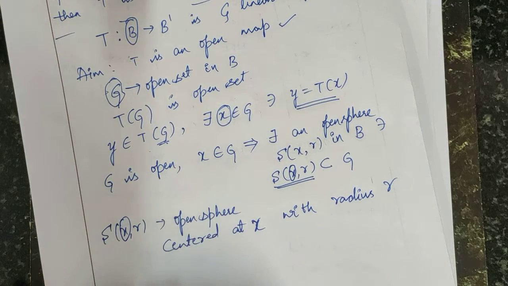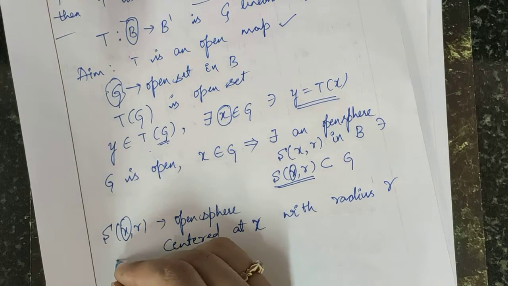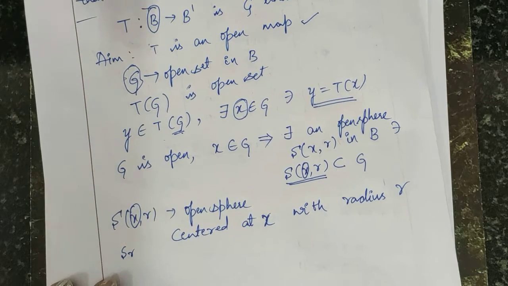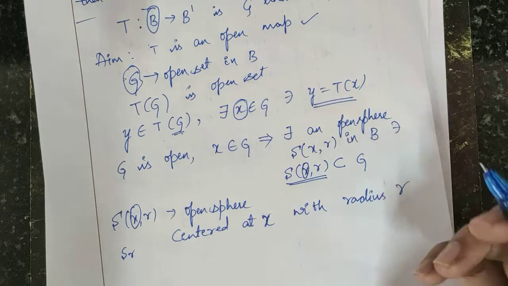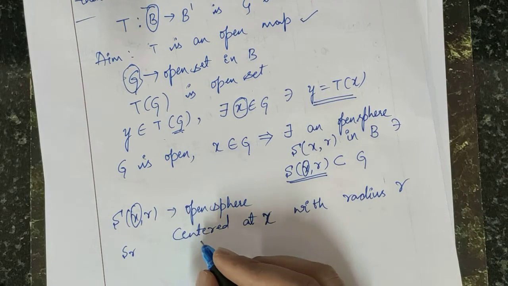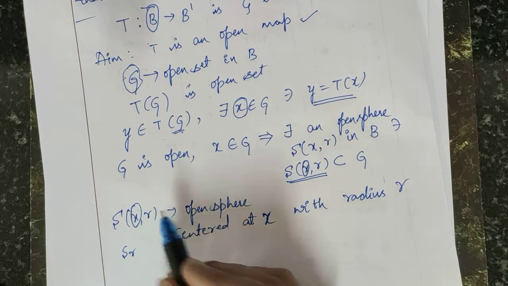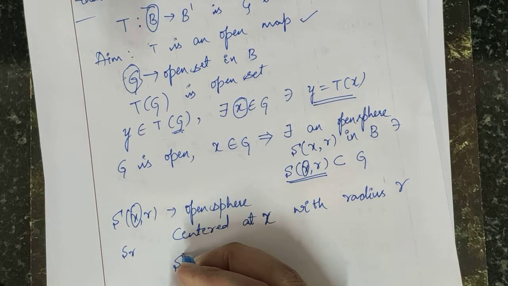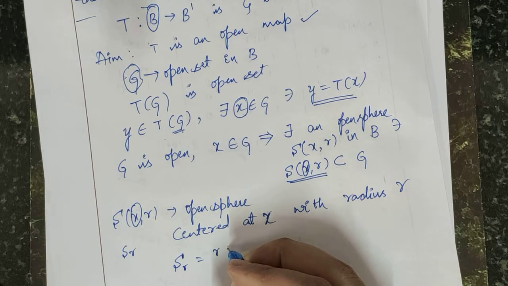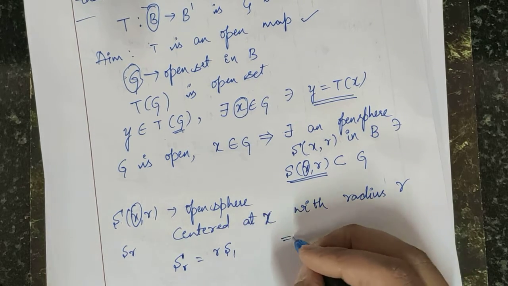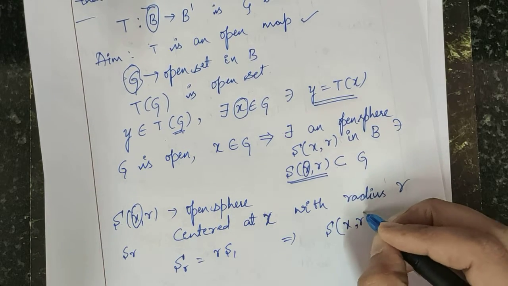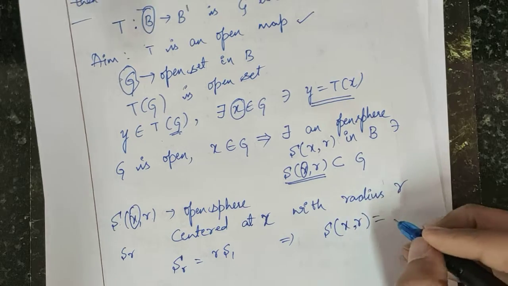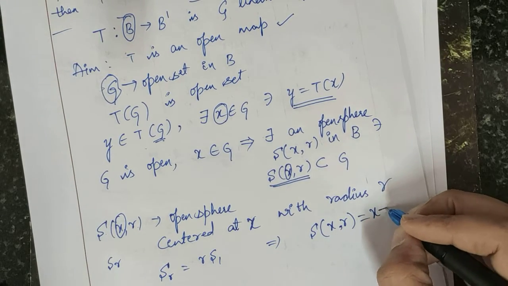If you have a center point at the origin, then you will just write it as SR. Other than the origin, if we have any other center point, then I can consider that as S of x comma r. So if it is at the origin, we can write that as r into S1. Similarly, if we have some other point as center, I can represent S of x comma r as x plus SR.